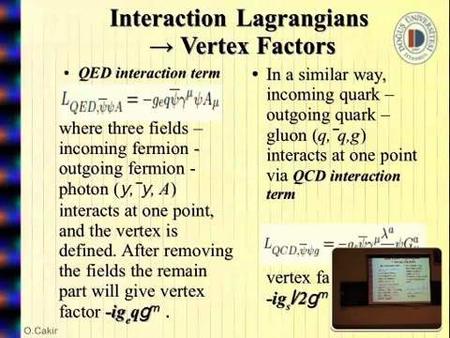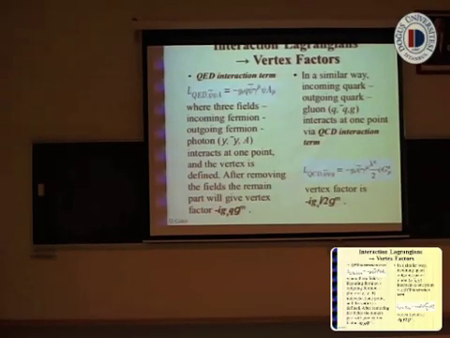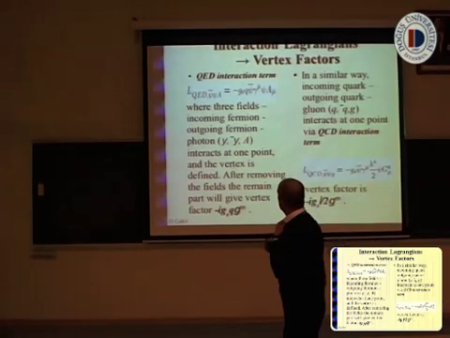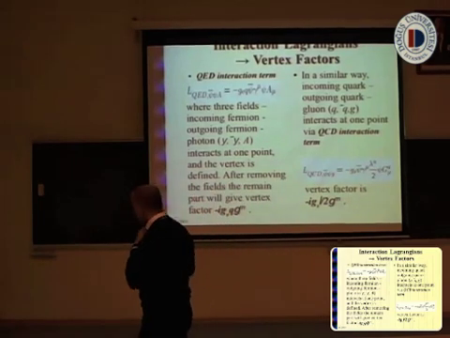In order to use my time, I need to mention the interaction Lagrangians, which lead to the vertex factors. If we write down the QED interaction term in this form, it is given by minus g_e Q psi bar gamma mu psi A mu.